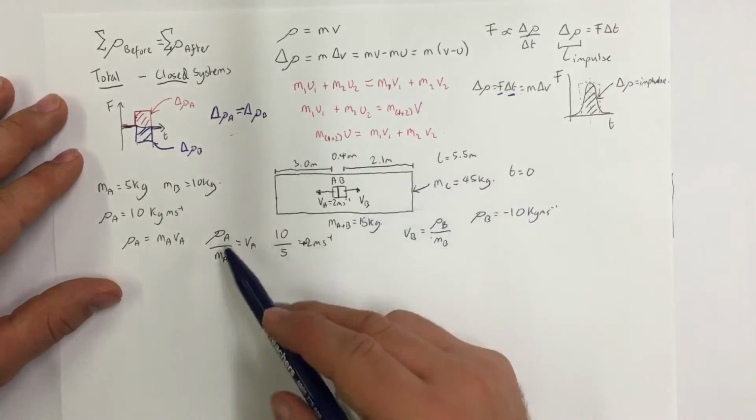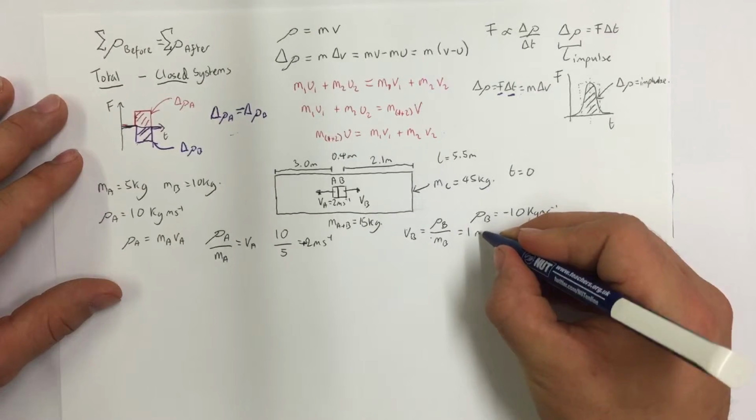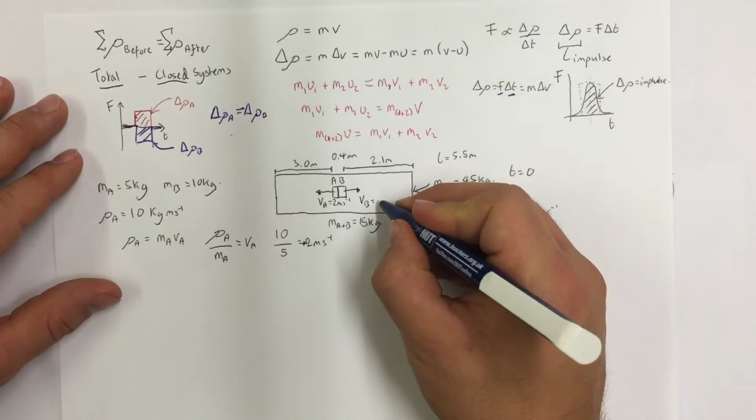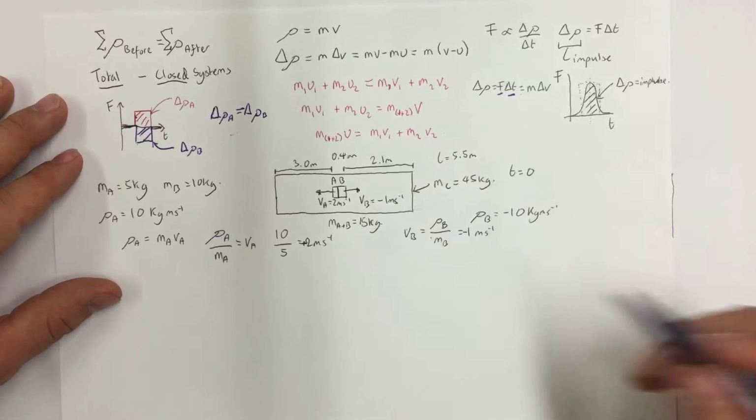So since the mass of B is 10, it's 10 divided by 10, which is equal to 1 meter per second. So VB is minus 1 meter per second, because it's minus 10 divided by 10.